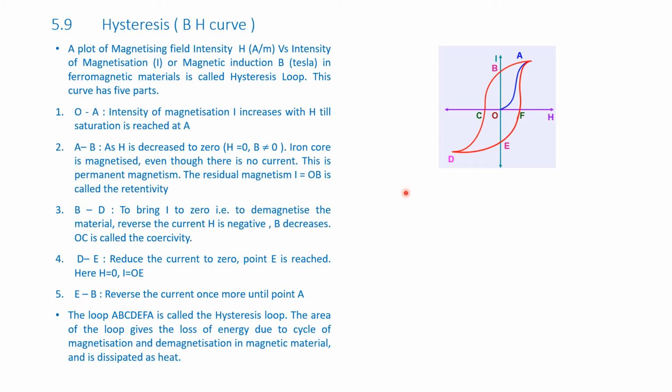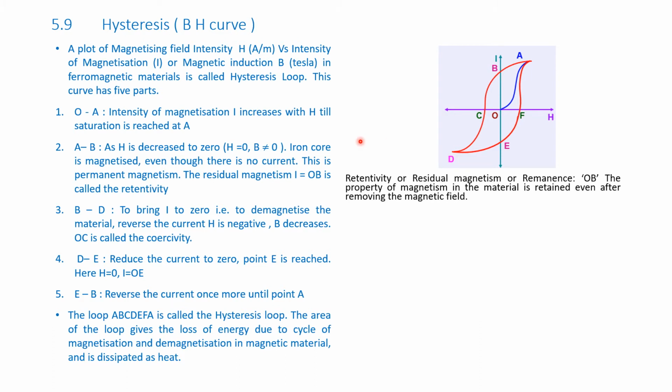The area of the loop gives the loss of energy due to the cycle of magnetization and demagnetization. This is nothing but a process of magnetization and demagnetization, and the energy is dissipated as heat.